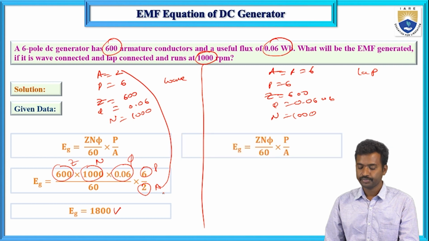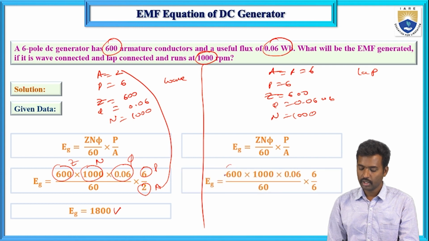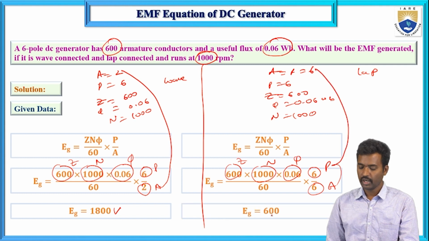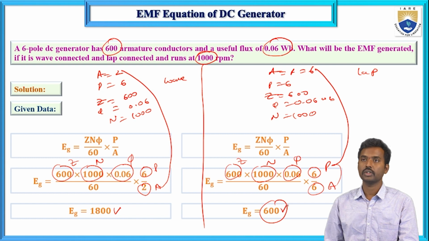And next, Eg equals to Z N phi by 60 into P by A. For lap winding, same thing. This is the A equals to P, that equals to 6. The value is 600 volts.